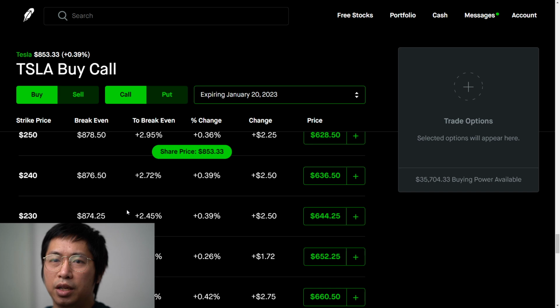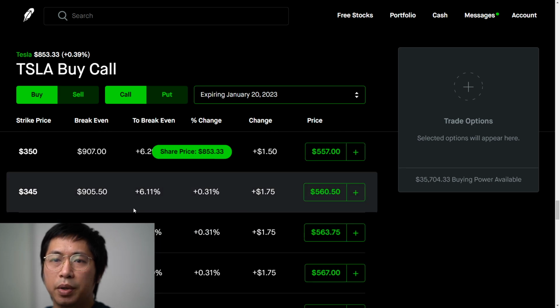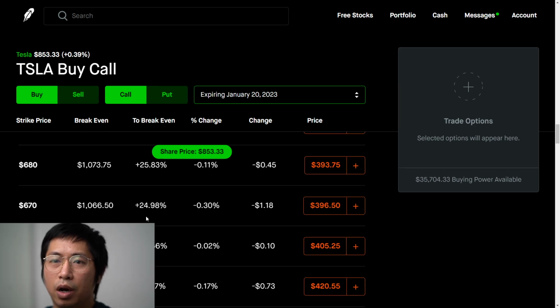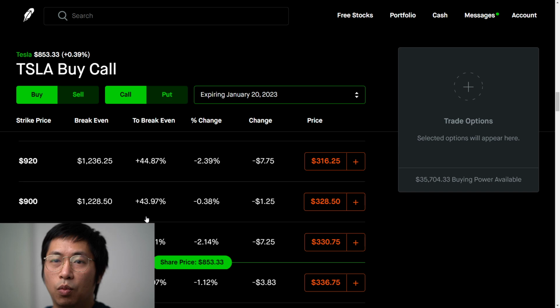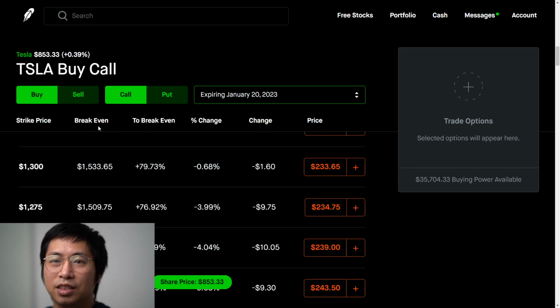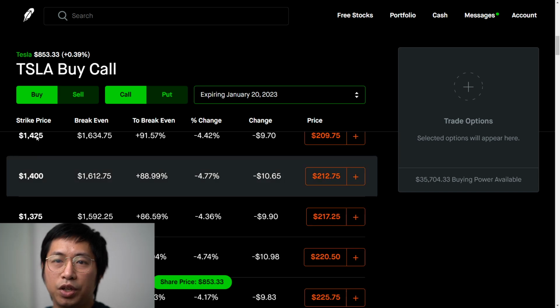Now with strike prices, the lower you go, the safer it is because the break-even price is lower. The higher you go, the riskier it is because the break-even price that Tesla has to reach is much higher. For example, if we chose a strike price of $1,400, the break-even price is $1,612.75.